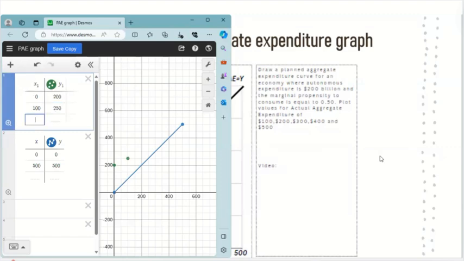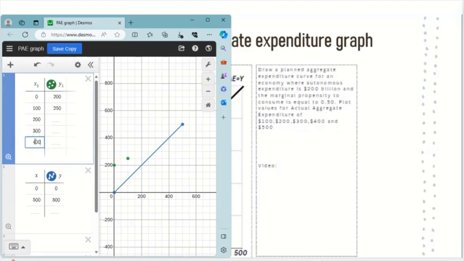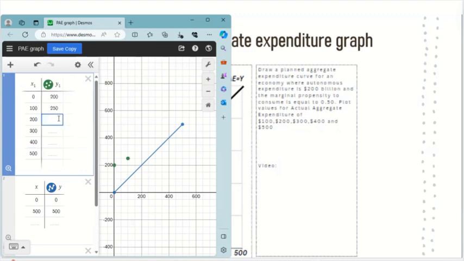And again, we have our values here that we can already put, which are the ones that we are plotting. And this Y, the planned aggregate expenditure, is increasing by 50 each time.